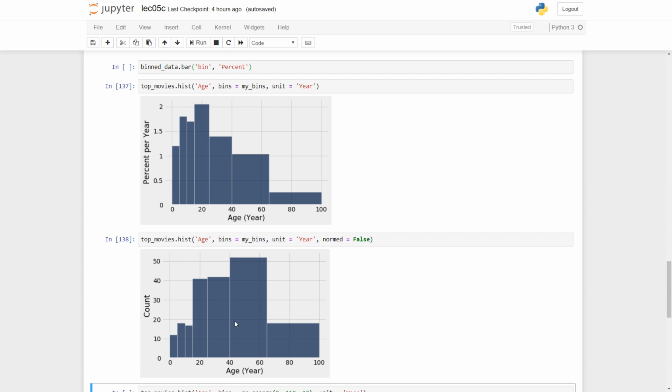Exactly. Okay? Of course, count and percentages are related, right? We just divide by the total population. Okay? But here, the height is indicating the percentage. So that's not a histogram. In a histogram, the area indicates the percentage, not the height.